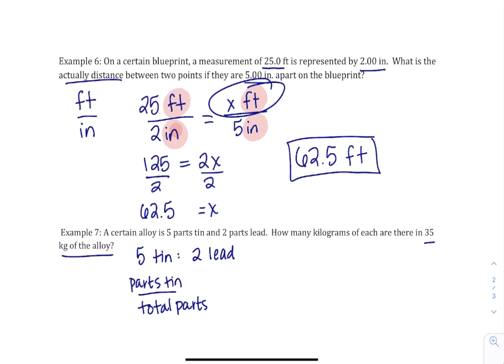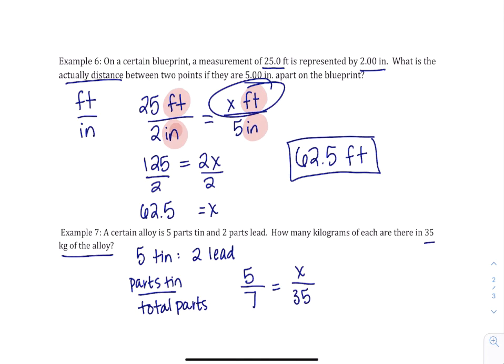And so that would be 5 parts tin and a total of 7 parts, because you have 5 and 2 parts for a total of 7. Now you can solve for the weight of tin that we don't know but we want to know, and then for the total weight, which is 35 kilograms.